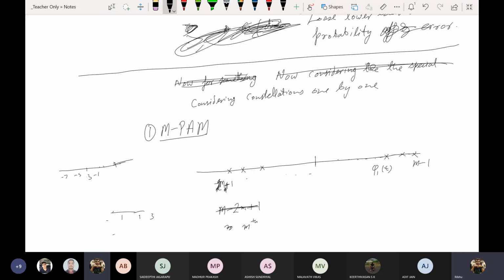So yes, the small mth point is 2 small m minus 1 minus capital M. Fine. Now you put m and 1 over there, you'll get these points.